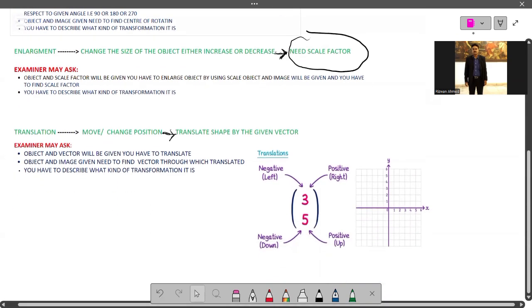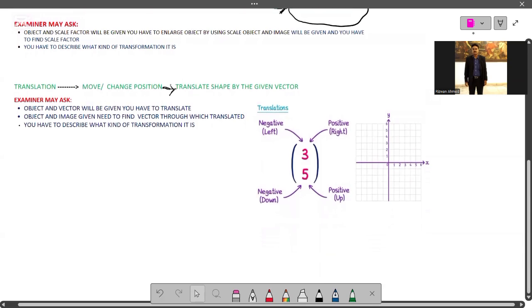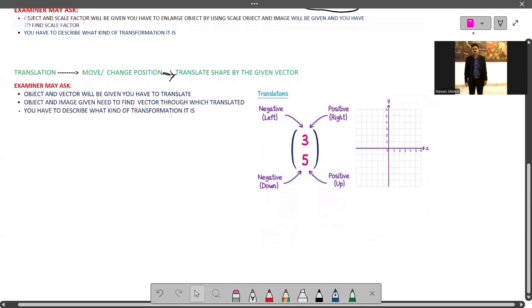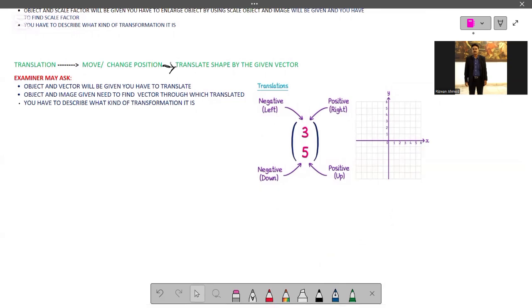And the last and important one, translation. Translation means move or change position. Translate the shape by the given vector. Like you have some shape given and a vector given, through which you have to change or move the object, and then find out the image of the body.